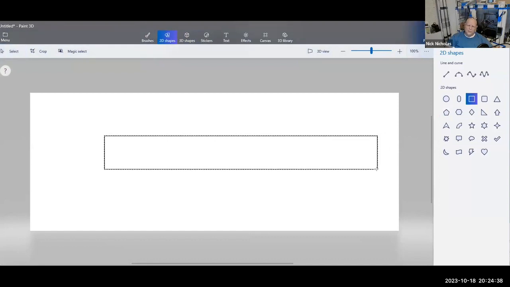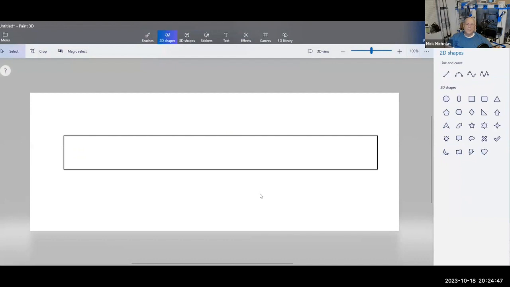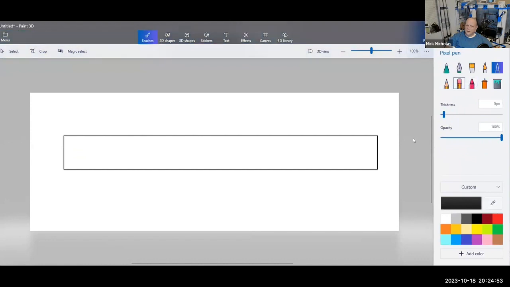I'm going to draw myself a box to represent a duct. Because it's a duct, it's not going to have this edge. It's not going to have this edge. But a pocket of cold air, let's say that it's cold up here.